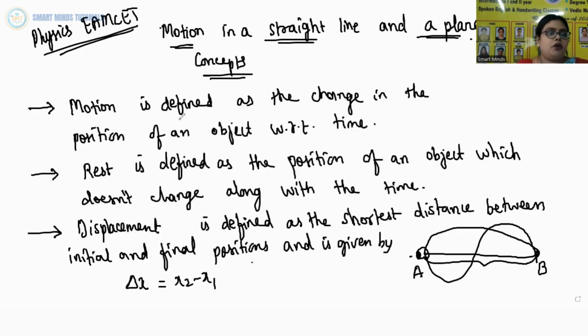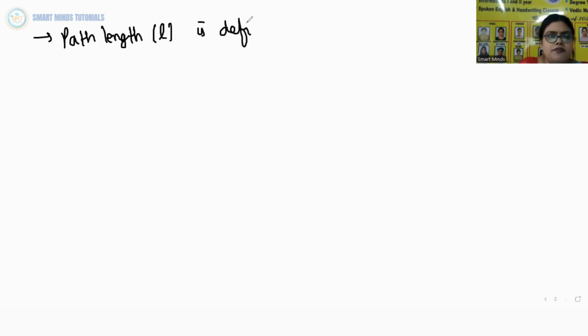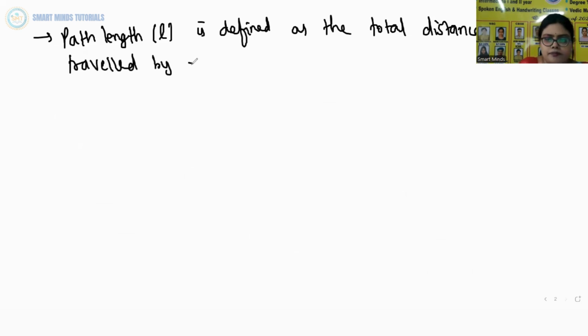Now let us write the definition for path length. Path length is always denoted by L. Path length is defined as the total distance traveled by an object. Its SI unit is meter.